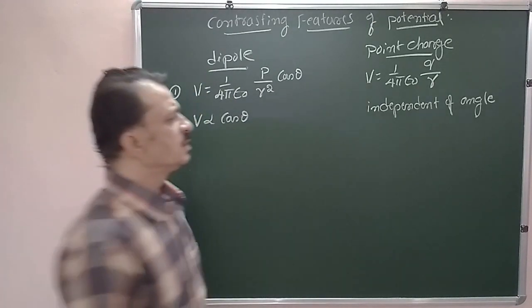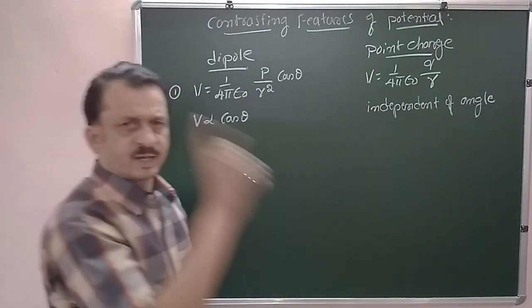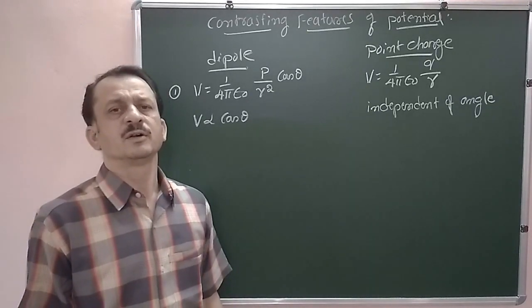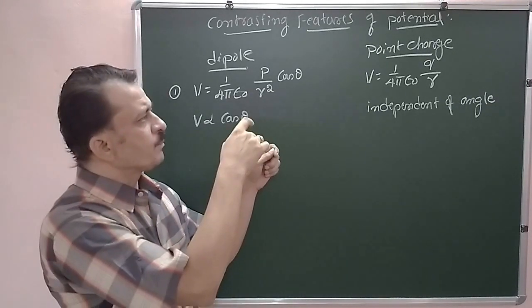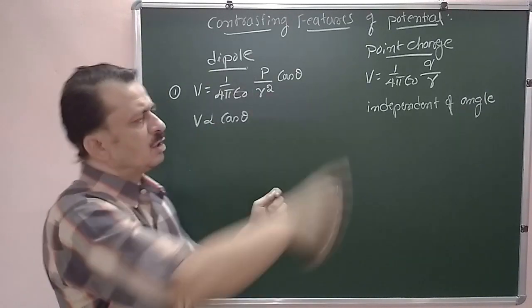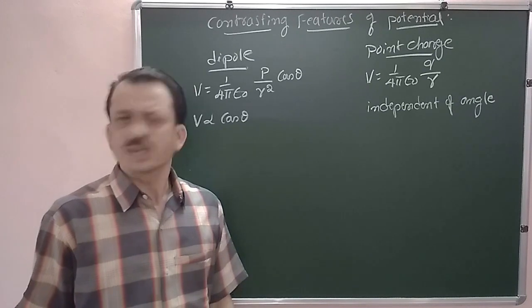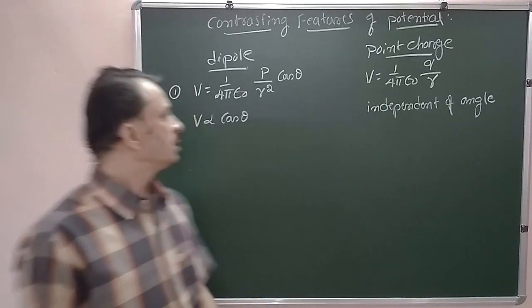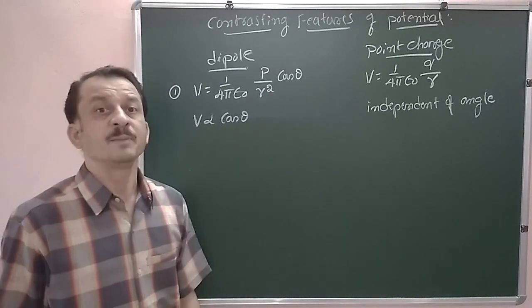So that means if you rotate that point with the charge at the center, at all the points the potential remains the same due to a point charge. But here it has an angular dependence.